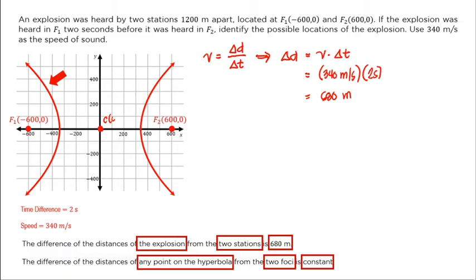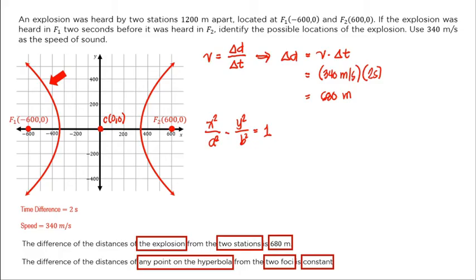So our center is (0, 0). Then the form of the equation to be used here is x squared over a squared minus y squared over b squared equal to 1, since our hyperbola is horizontal. So we just need the values of a and b.